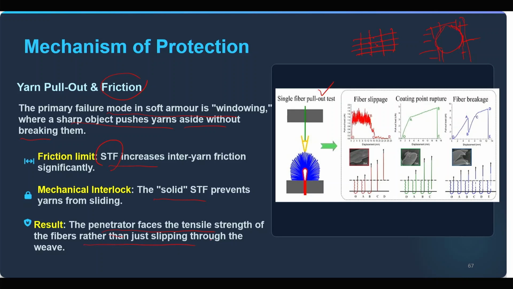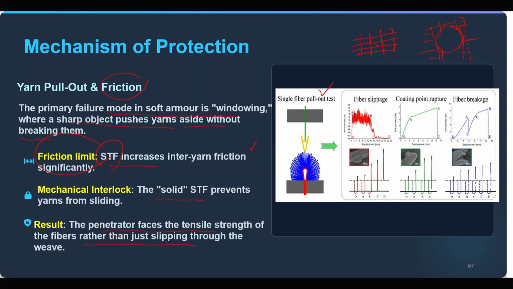The load will be on the fiber or yarn itself, and the slippage will not be there, because the friction is increasing due to two things: one is solidification and material interlocking, another is the frictional force, inter yarn friction. By applying the shear thickening fluid, both things are happening.